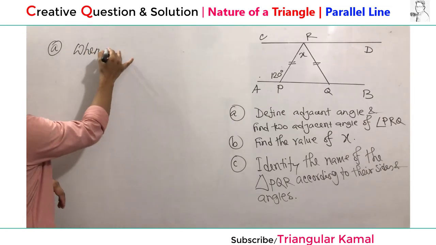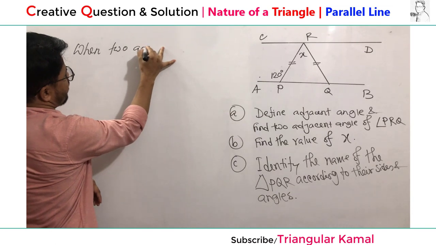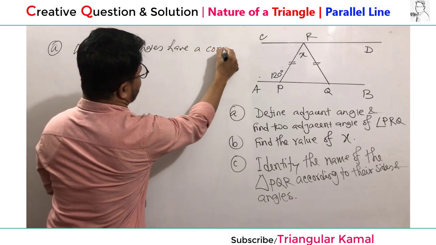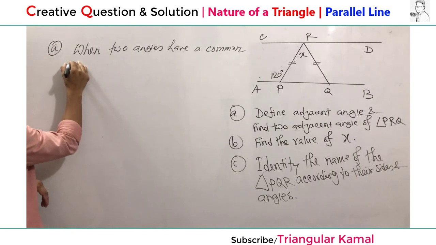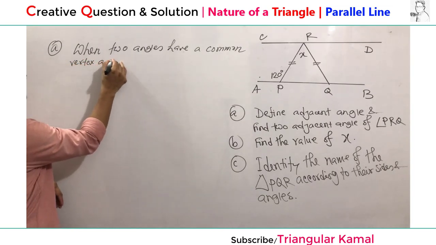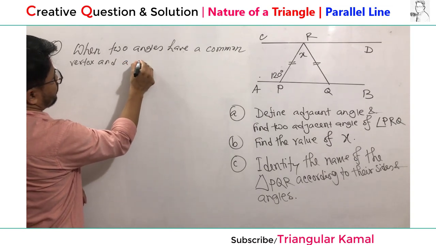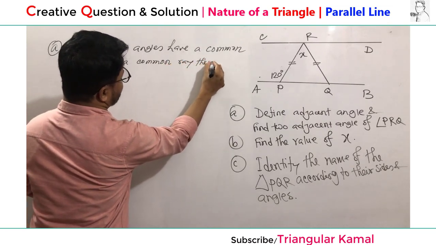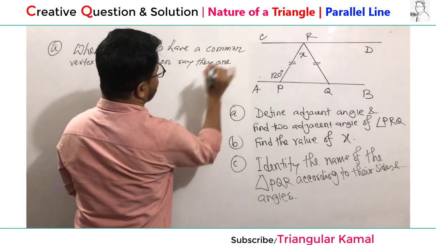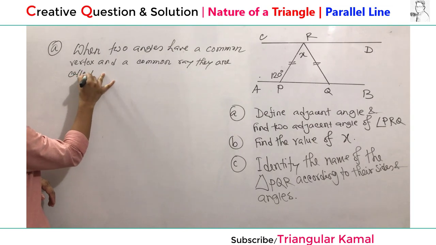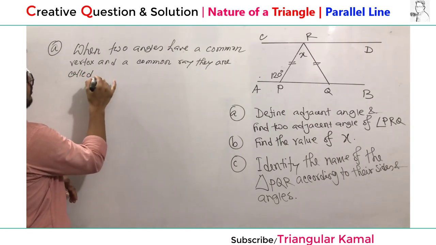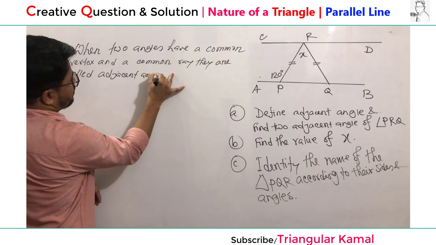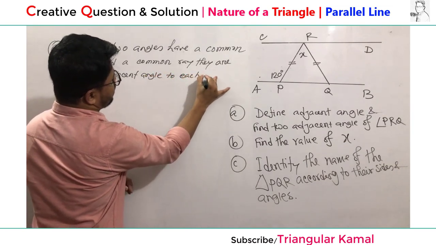When two angles have a common vertex and a common ray, they are called adjacent angles to each other.